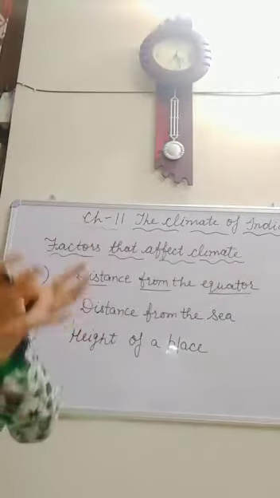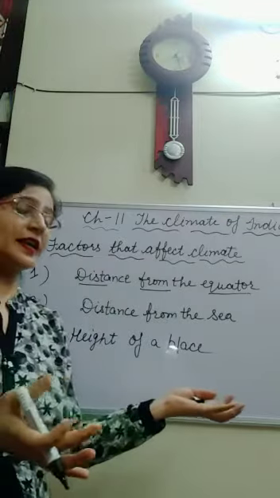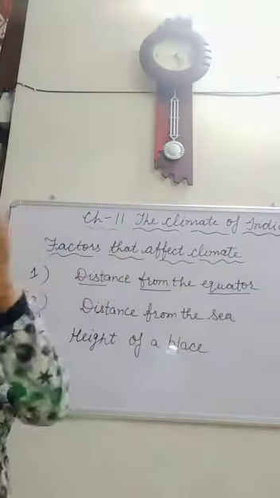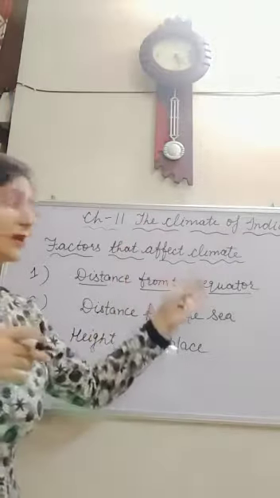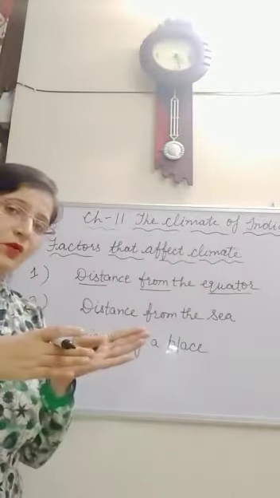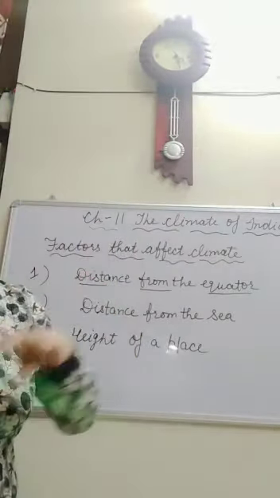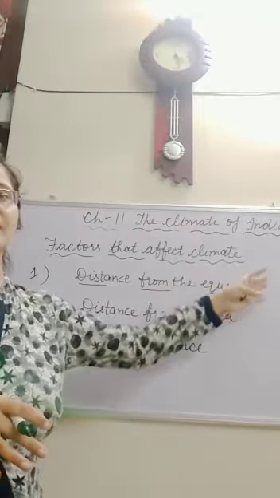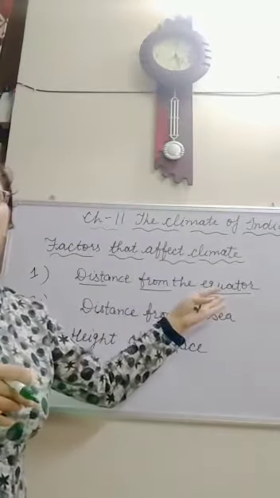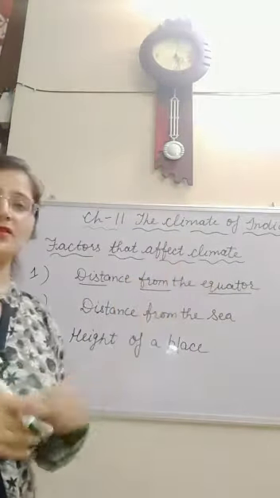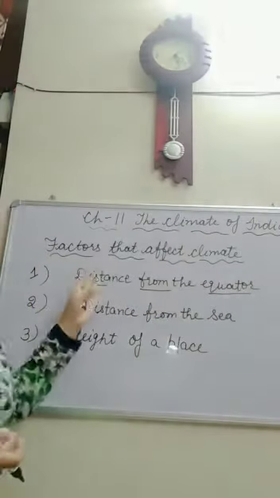The places which are very far away from the equator, or as we move away from the equator towards the poles, the rays of the sun become slanting and spread over a larger area. So it means that heat is less concentrated, so it is cooler. So dear children, this is distance from the equator.